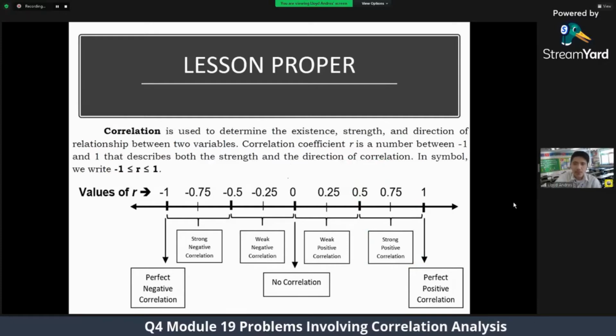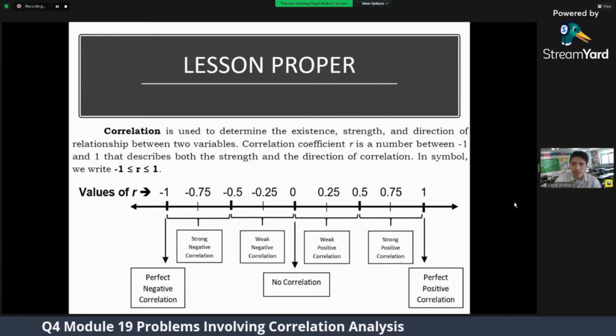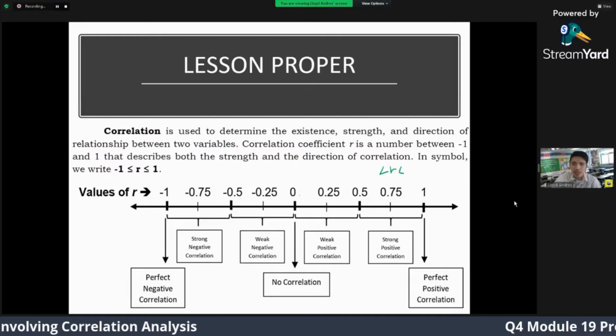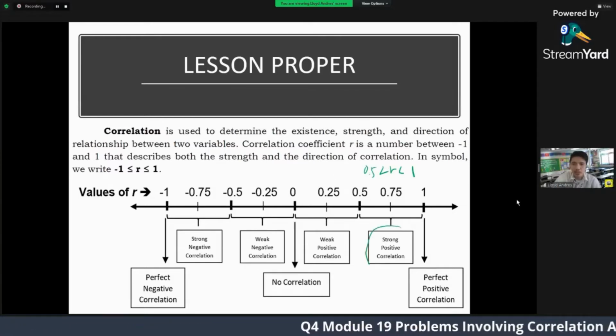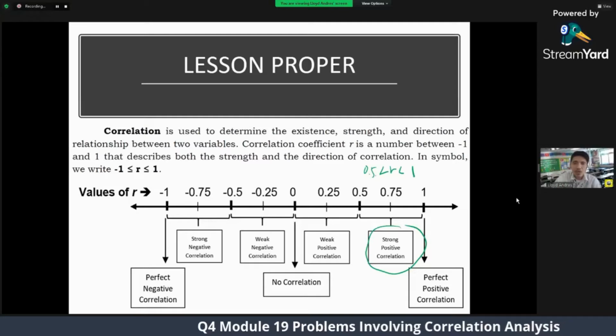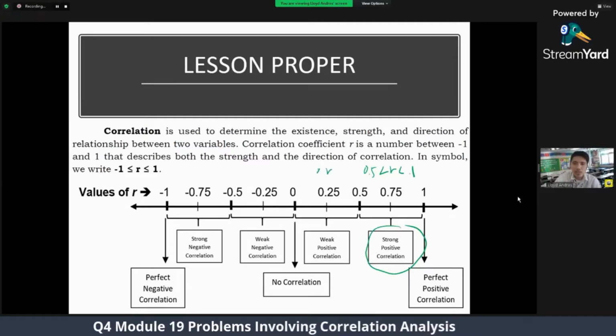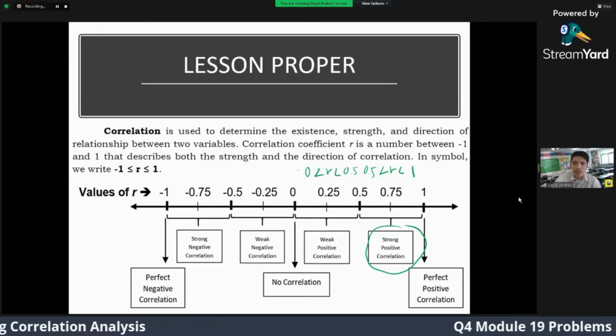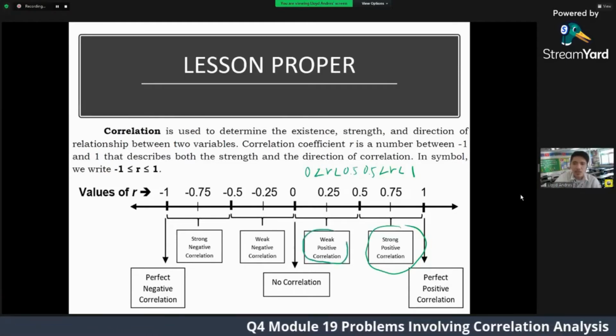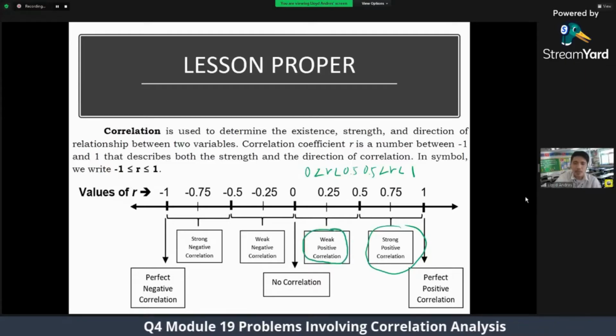If your R is between 0.5 to 1, kani ang interpretation. But if your R is between 0 to 0.5, greater than 0 but less than 0.5, then we can say that our correlation is a weak positive correlation.